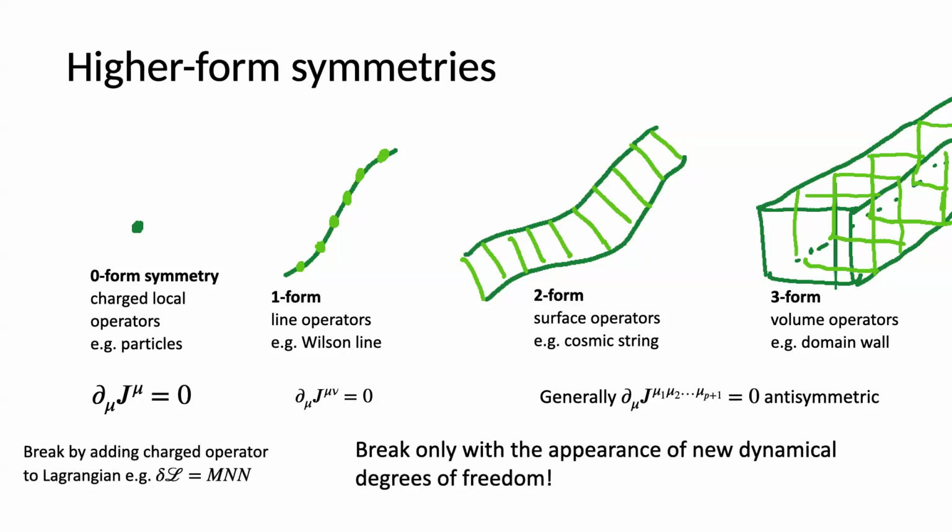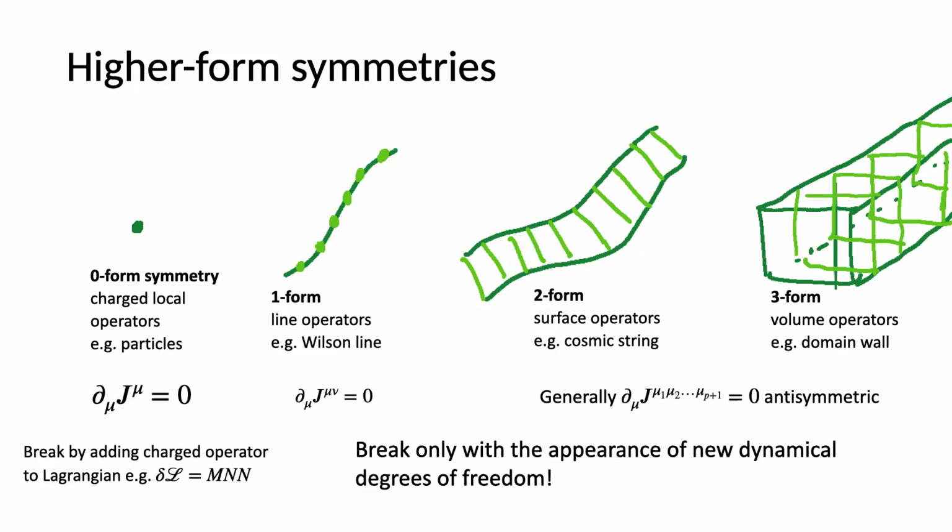Now, before I go on, let me briefly, already at this level, try to give you a picture of why you should think this is quite interesting as a particle physicist, by thinking about explicitly breaking these symmetries. For a familiar zero form symmetry, the charged operators are local operators, and so you can explicitly break this symmetry by adding a charged operator to the Lagrangian. This is very familiar. If I add, say, a Majorana mass for neutrinos, I explicitly break zero form global lepton number symmetry.